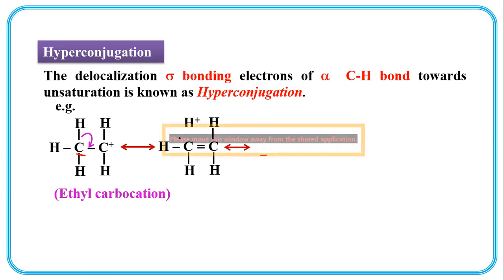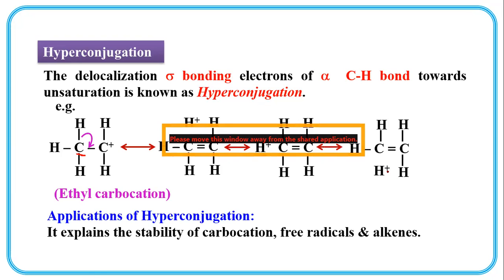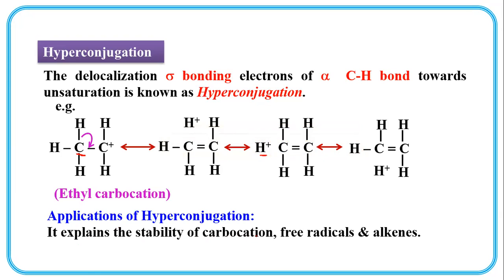Again here the positive charge is created, and the third way the positive charge goes to this alpha hydrogen. So this hyperconjugation explains the stability of carbocations, free radicals and alkenes.